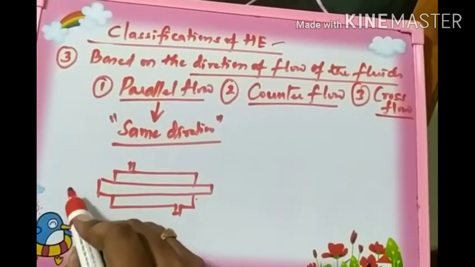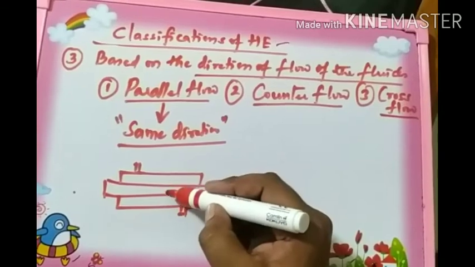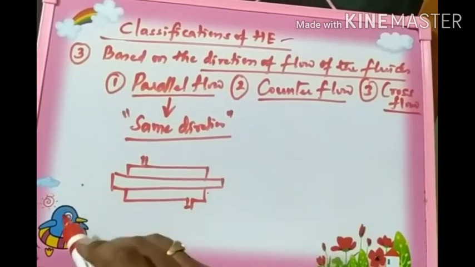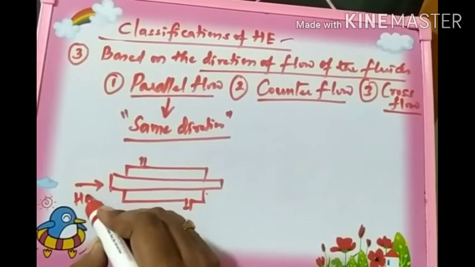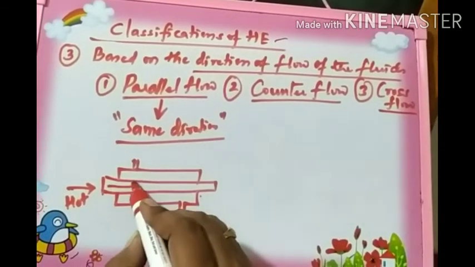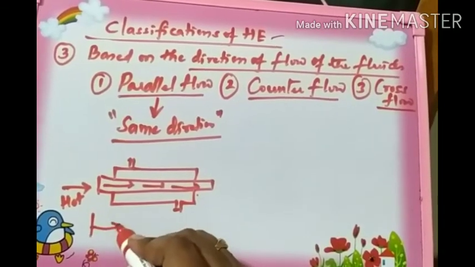Here you can see there are two pipes. I am showing you a cut sectional view. They are concentric pipes, one inside the other. Inside the tube I will make the fluid flow, which is a hot fluid. Let us say it is flowing like this from this end to the other end.